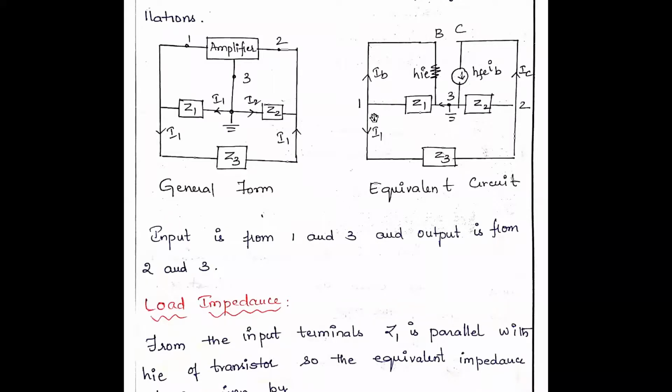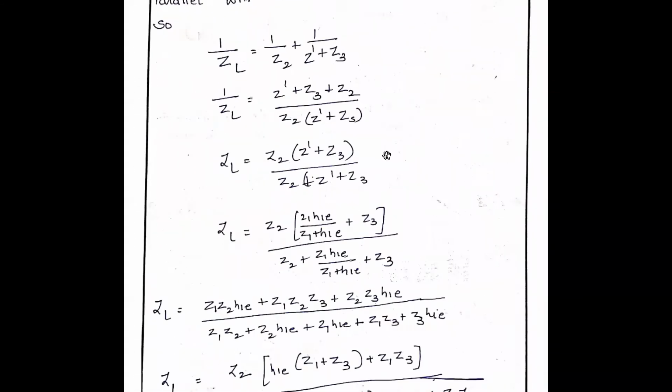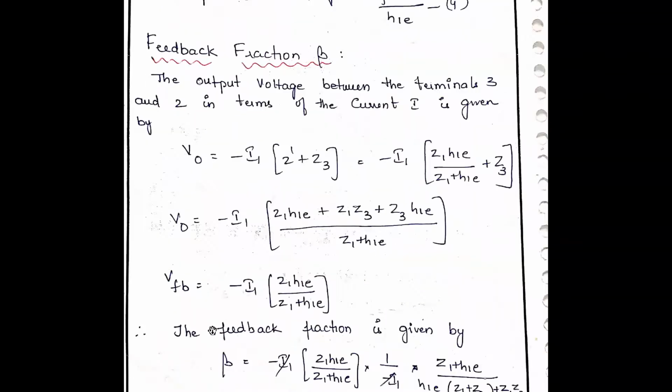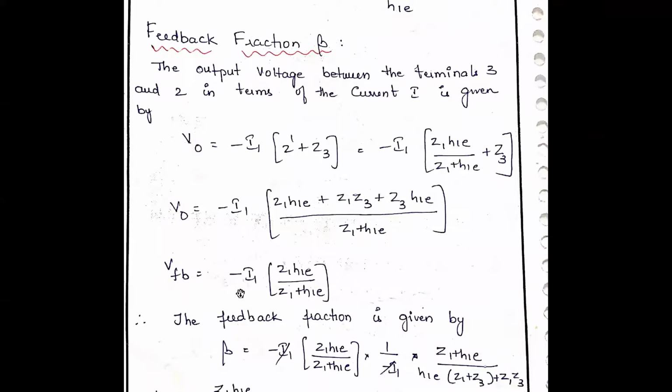So the feedback voltage is minus I1 multiplied with the parallel combination of Z1 and HIE. Parallel combination, you know, product by sum. So minus I1 into Z1 HIE by Z1 plus HIE, two impedances in parallel path.